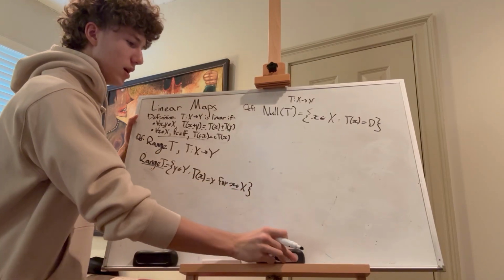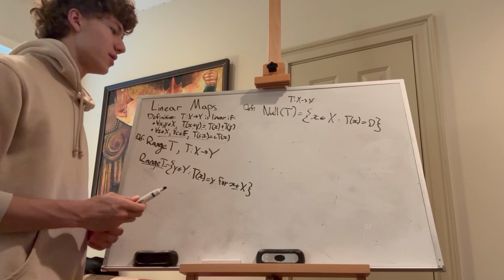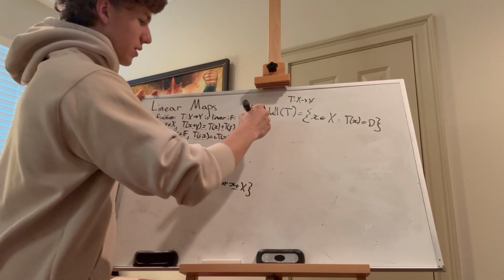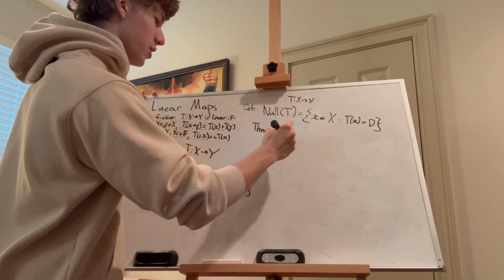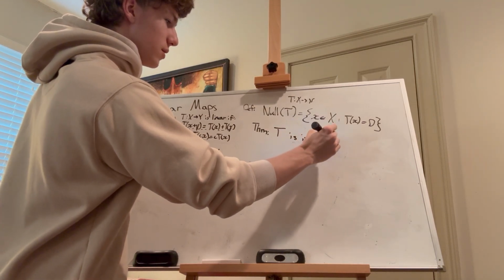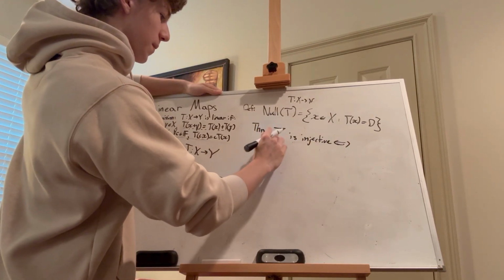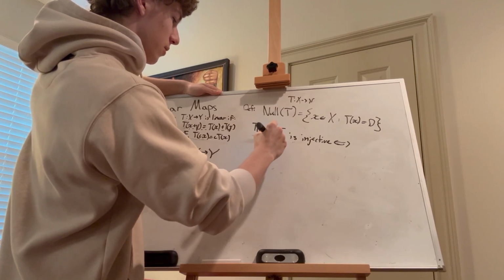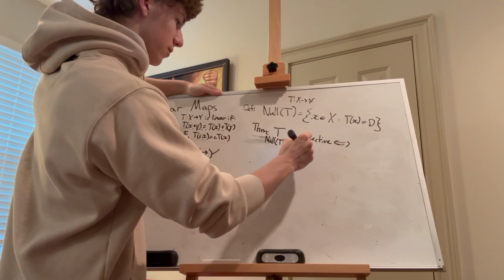Okay. So how do we tell if a function's injective using linear maps, without having to worry about the specific type of set that we're working with? Okay, so this is a theorem. A linear map T is injective, again, one-to-one, if and only if the null space of T is just equal to the set {0}.